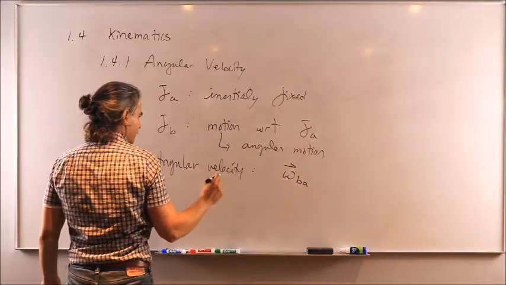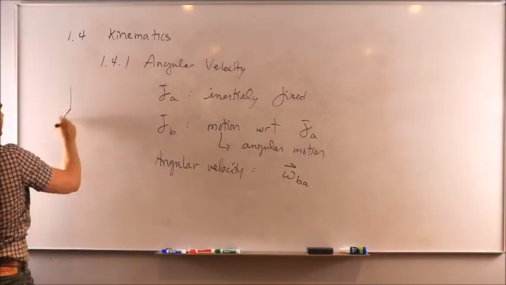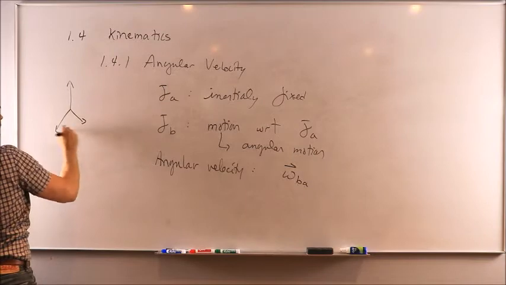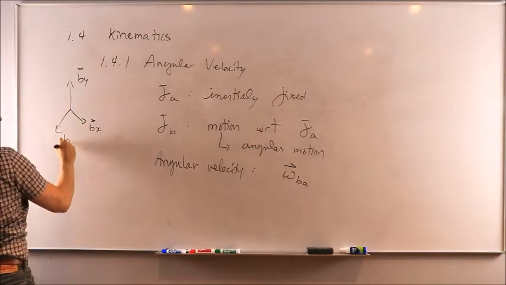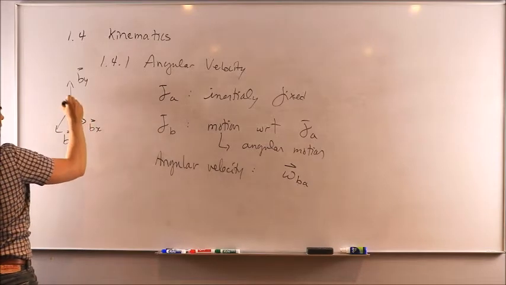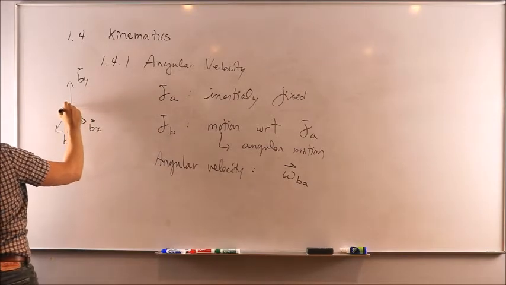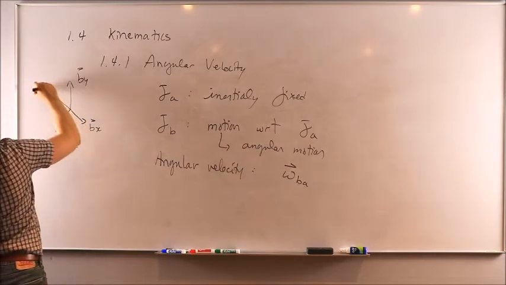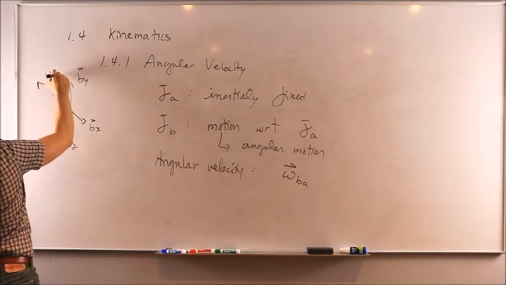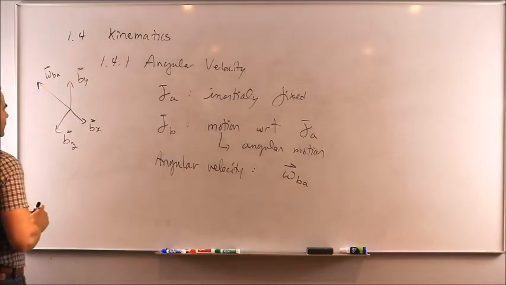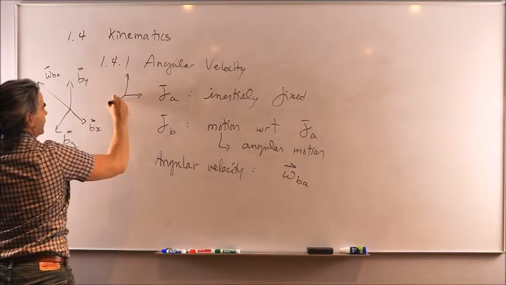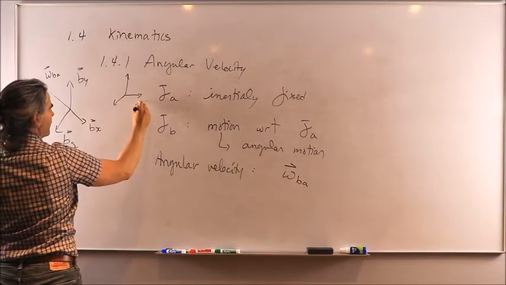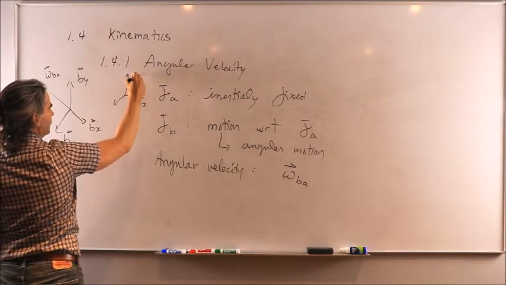Now, because we have reference frame B that rotates about some arbitrary angular velocity vector omega BA, and this is with respect to reference frame A that doesn't move at all.